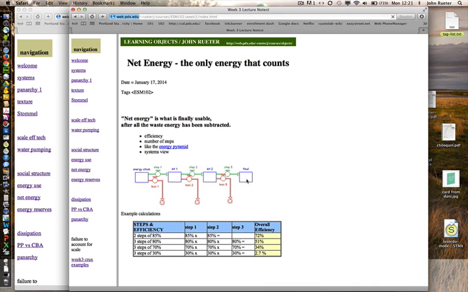So this is an important concept that relates to scale, in the sense that if you have bigger scale energy projects and you have to transport energy all around, that is going to require more transformation and more steps than if you can generate energy right at the end use point.